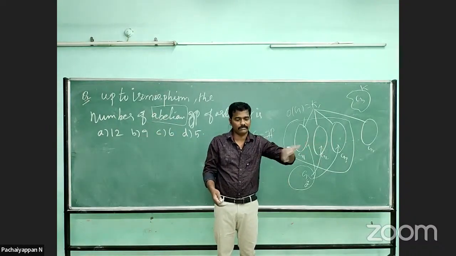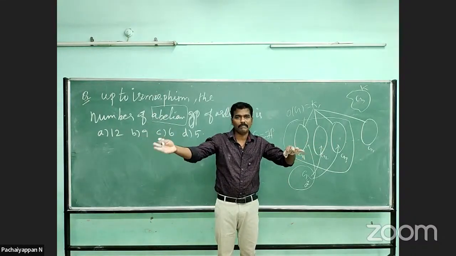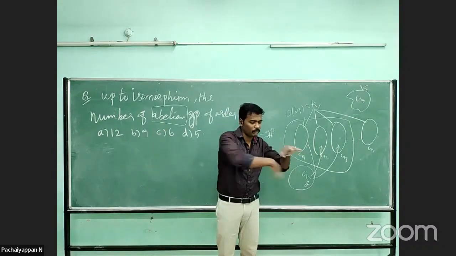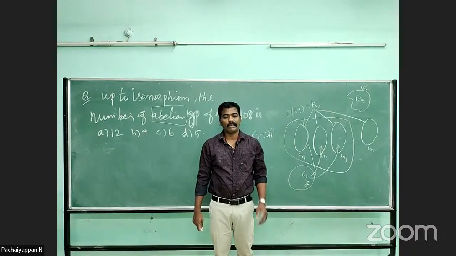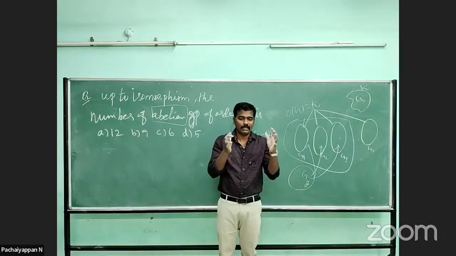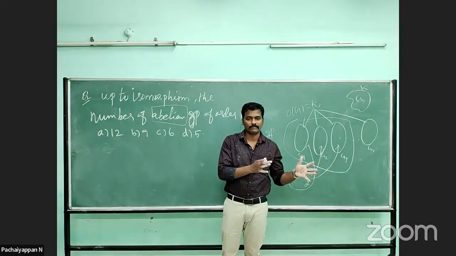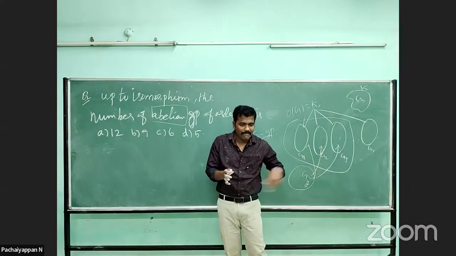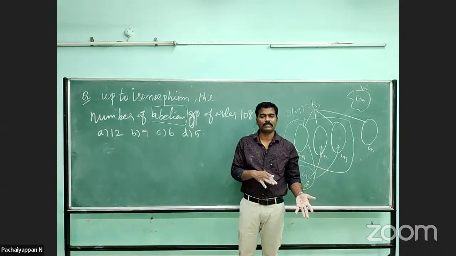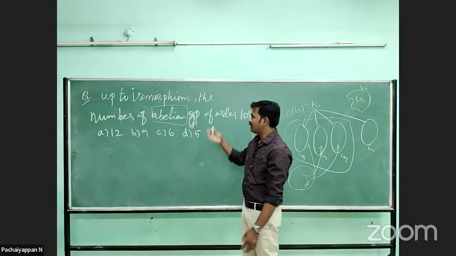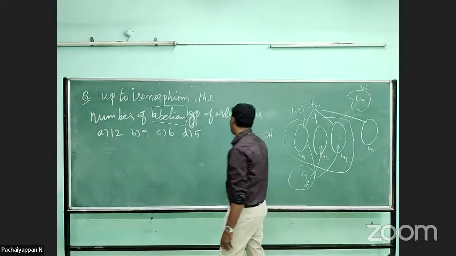We are collecting a few groups, each of them non-isomorphic. The question is how to find the number of these few groups. There is a formula to find it.